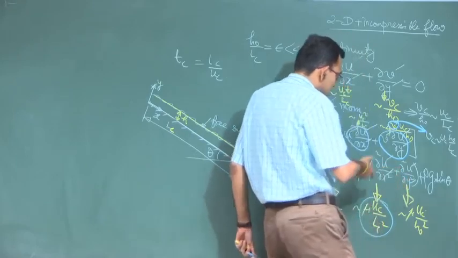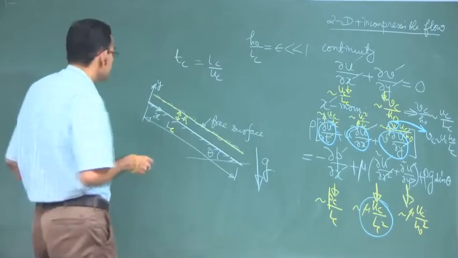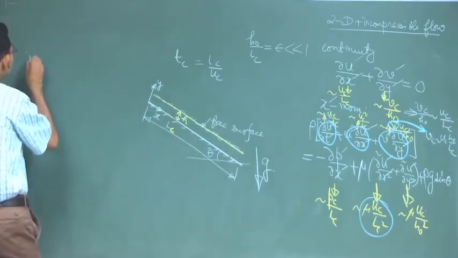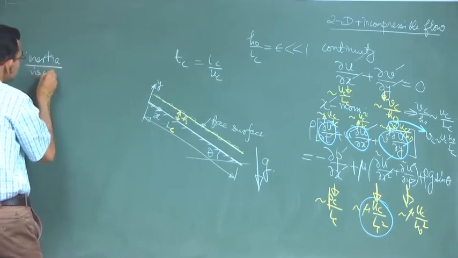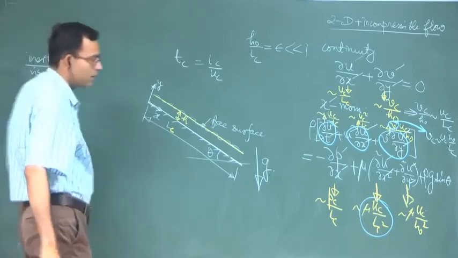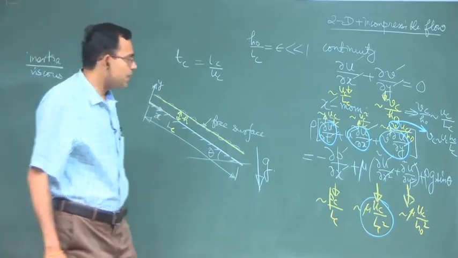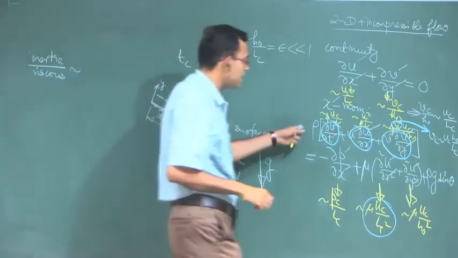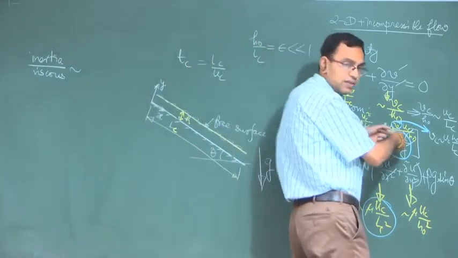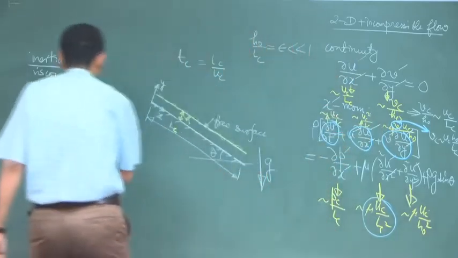the inertial term by the viscous term, inertia over viscous. Inertial term is the left hand side. All these three terms are of the same order, so you can take any of them as the order of the term.